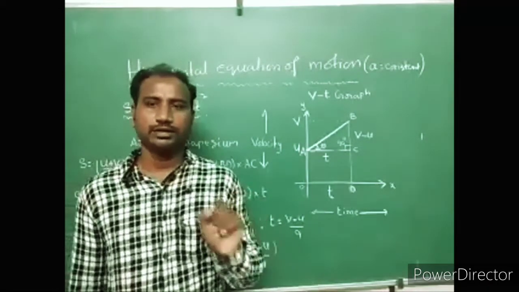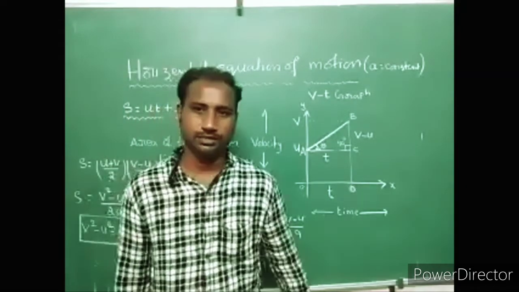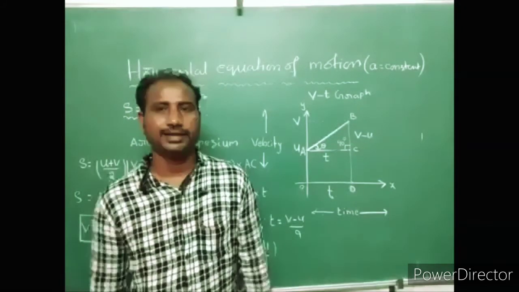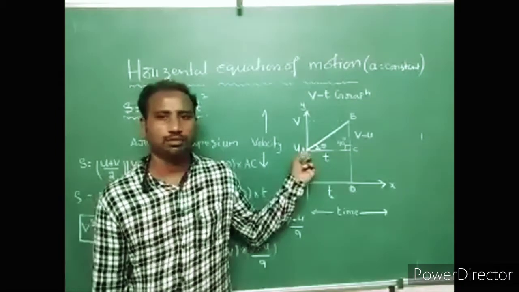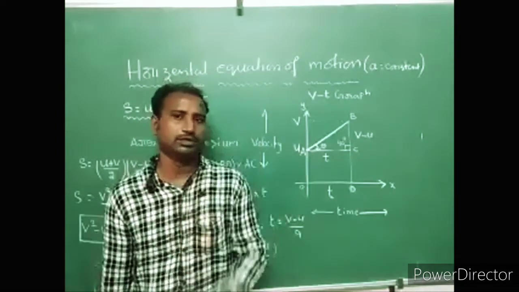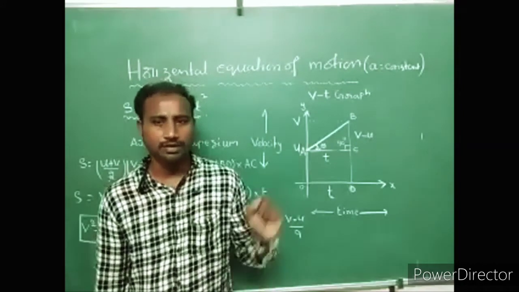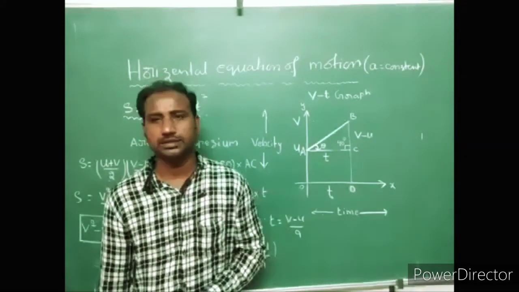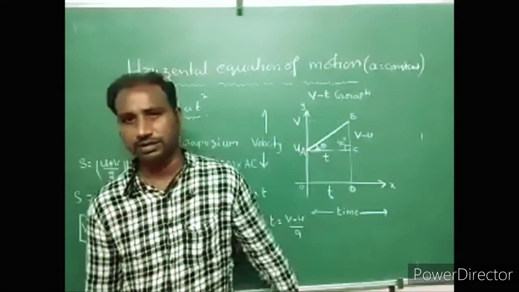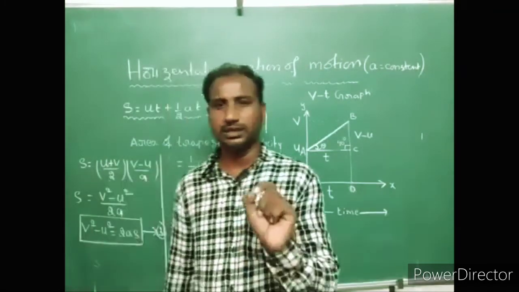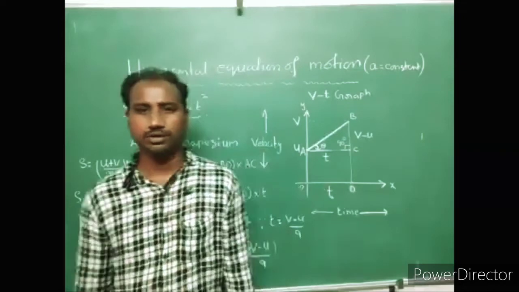In that graph, we require constant acceleration. Another point I introduced here: in the previous graphical representation I discussed that the body starts from rest, which means initial velocity equal to zero.